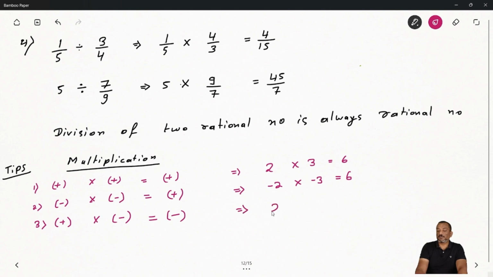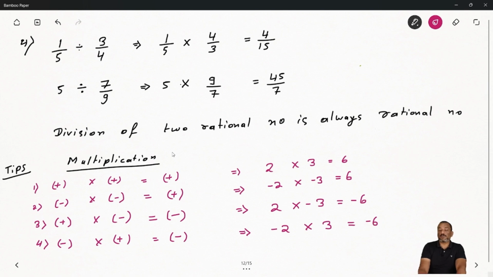Like 2 multiplied with negative 3 gives minus 6. Fourth, a negative number multiplied with a positive number always gives negative. Like minus 2 multiplied with 3 gives minus 6.